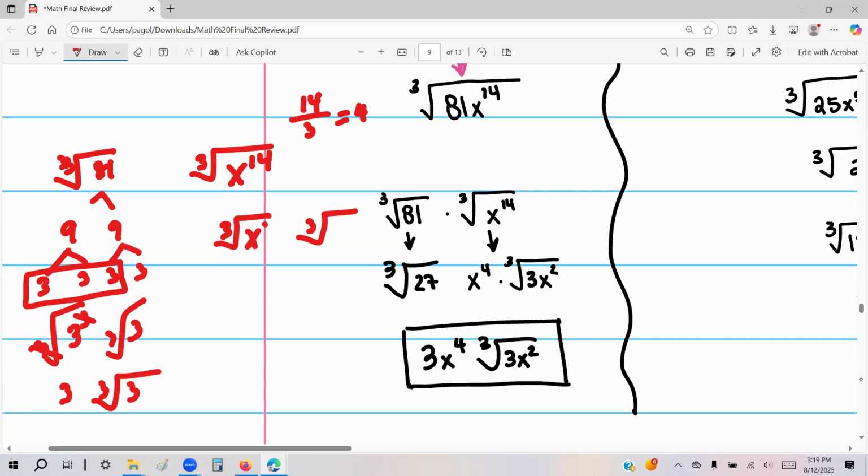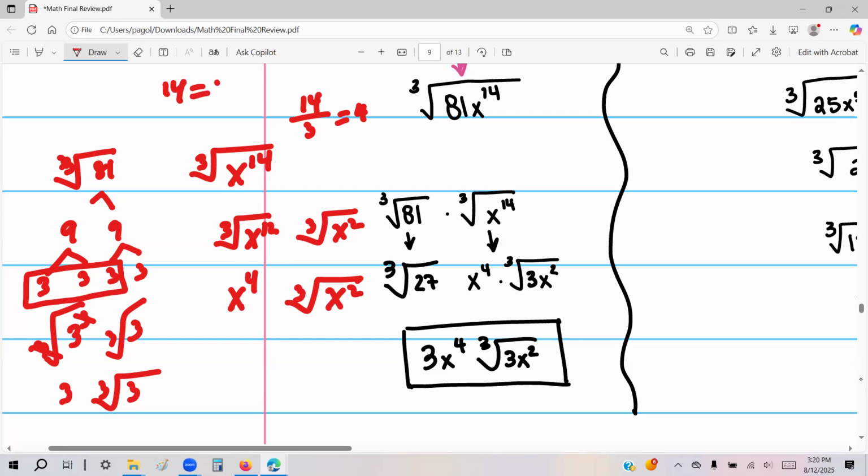It means you have x to the 12 and x squared, right? The highest number inside 14 that is divisible by 3 is 12. Or you can simply write x to the 4 outside and x squared inside.